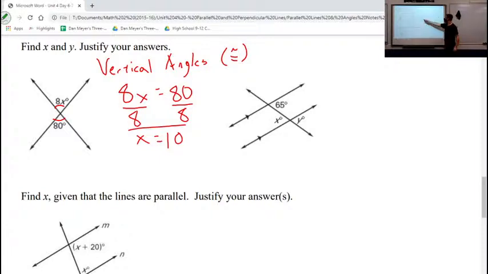Next one. This one I'm actually going to ask you to do on your own. Remember, if it helps you to trace out those angles, if I'm looking for what kind of angles, I have this 65 degrees here, and I have y here. There are those angles. We want to start by writing out what kind of angles we have. What kind of angles are those? And then write out, this is what that means y has to be.